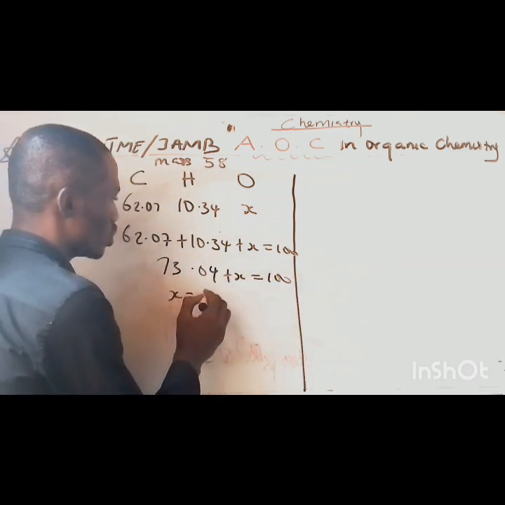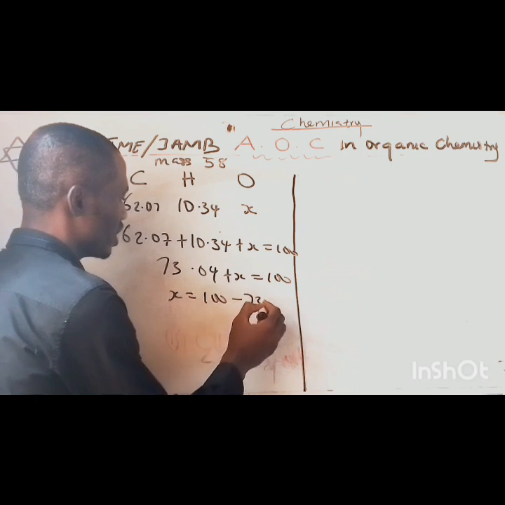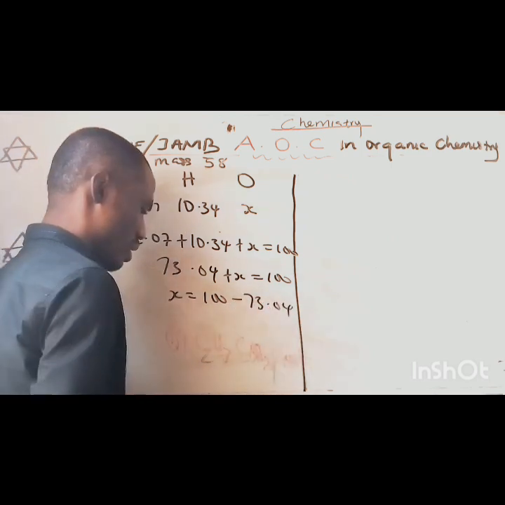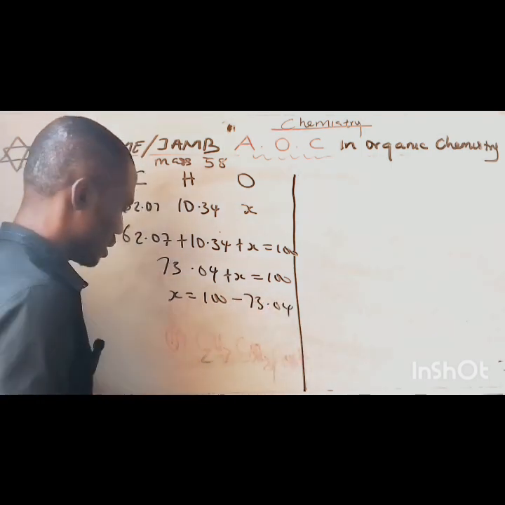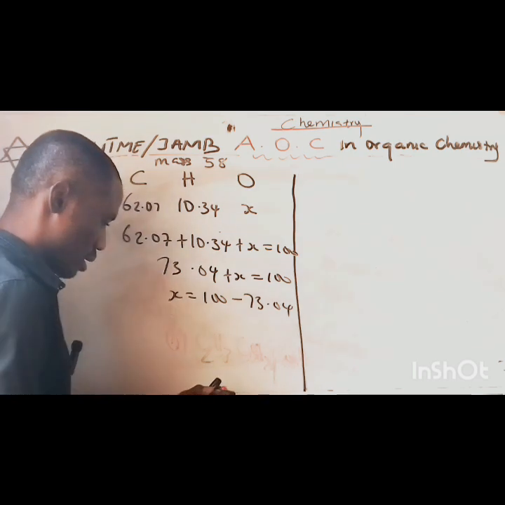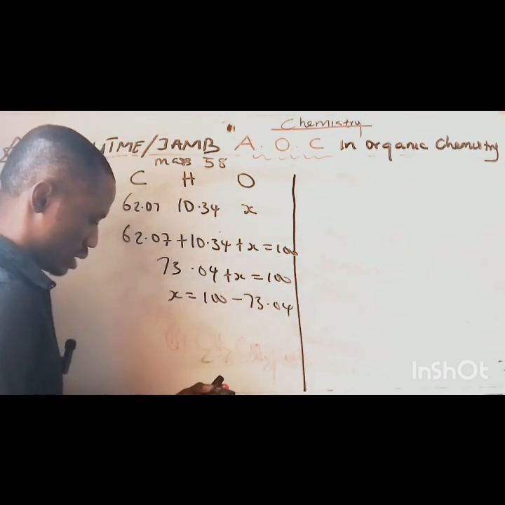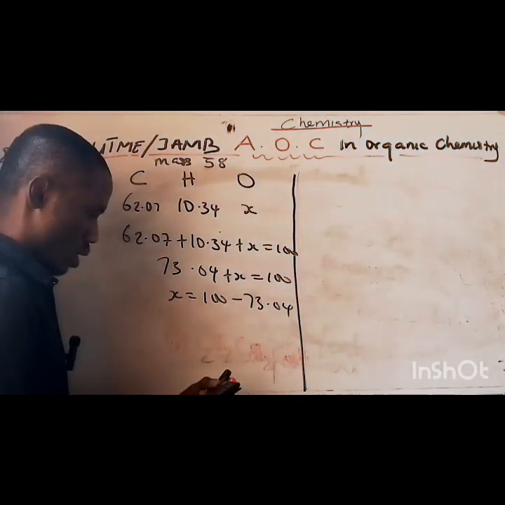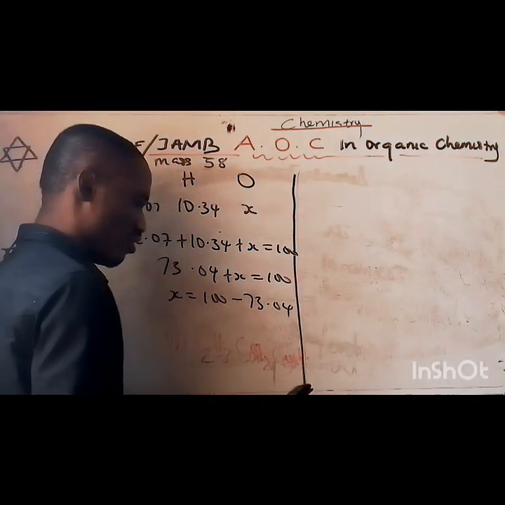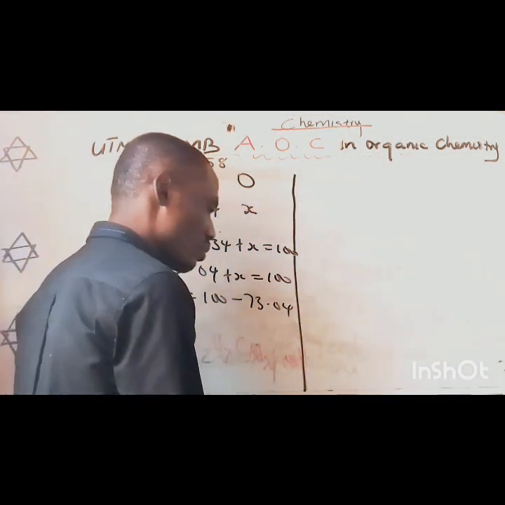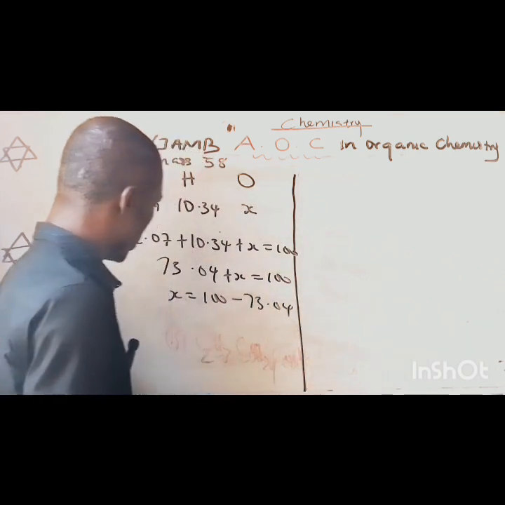So X is equal to 100 minus 73.04. And let's do the math. 100 minus 73.04. So what's that giving me? That's giving me about 20. Let me do it again.